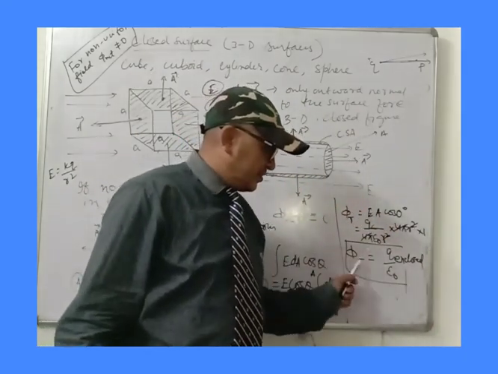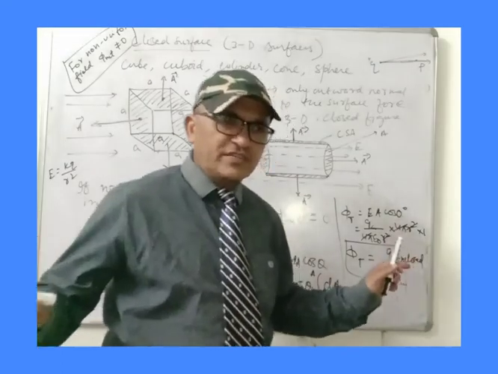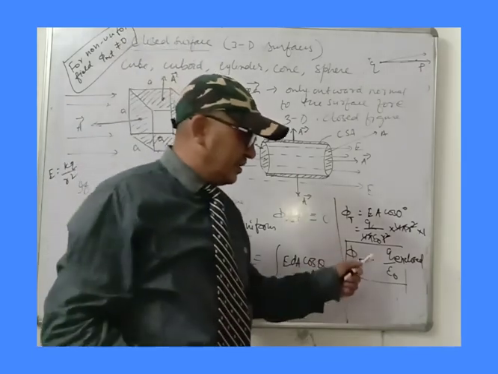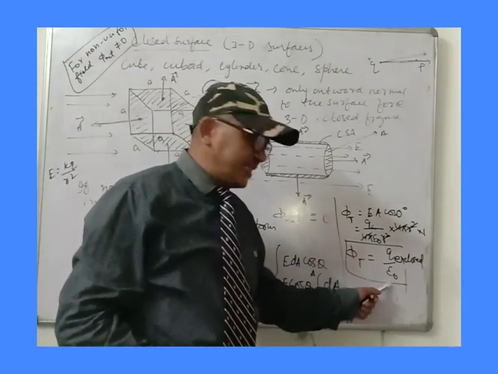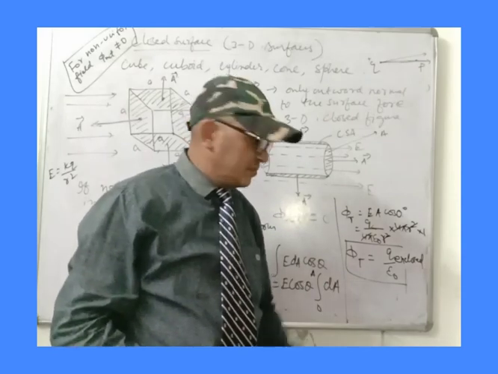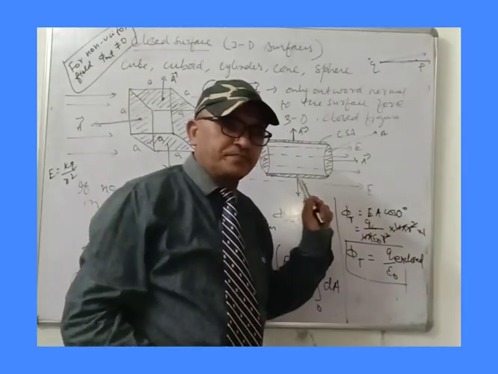That means the total flux through a closed surface is 1 by epsilon naught times total charge enclosed. This is the statement of Gauss law.